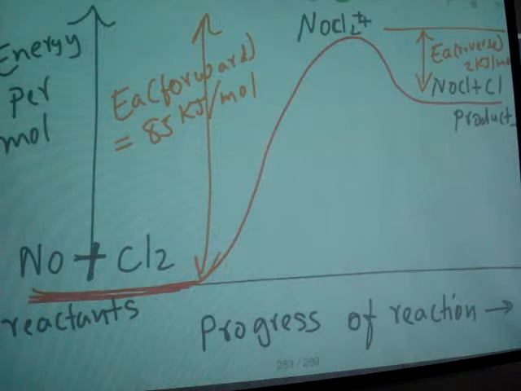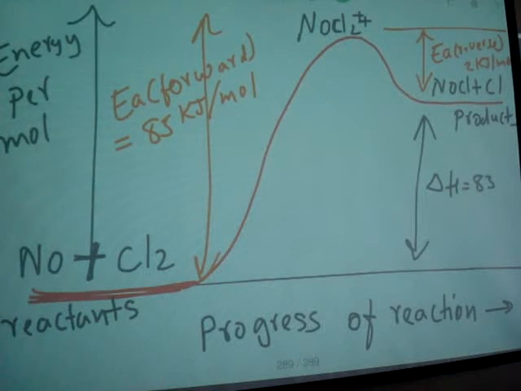Okay, and when you calculate delta H, you get 85 minus 2, which gives you 83 kilojoules per mole.